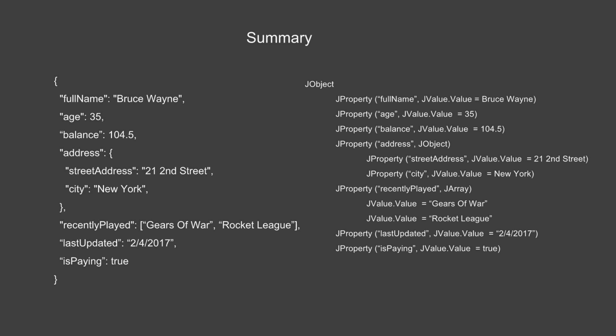And by the way, if we look at the Children tokens property, we will see the two nested properties of our address property. Same goes for our recently played property containing a JArray. We will have a JArray as value and also all the nested properties in the Children tokens property.